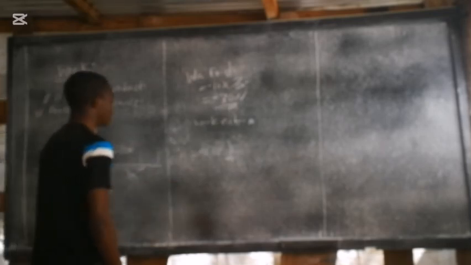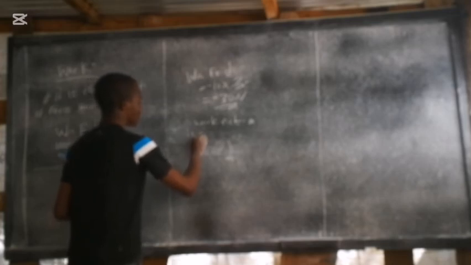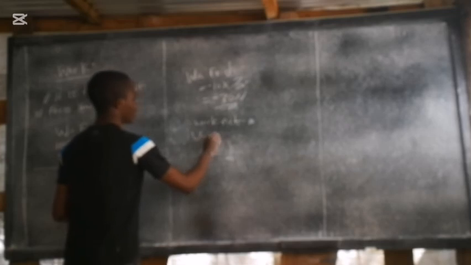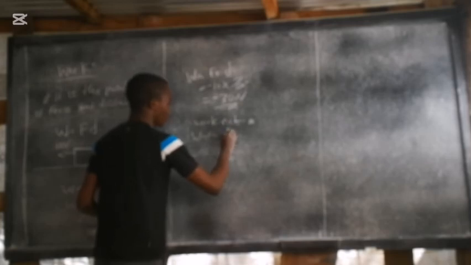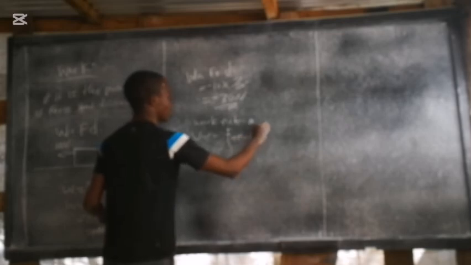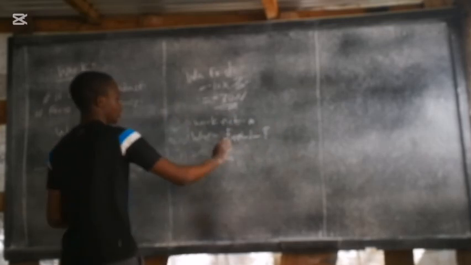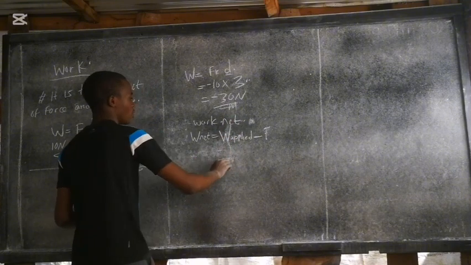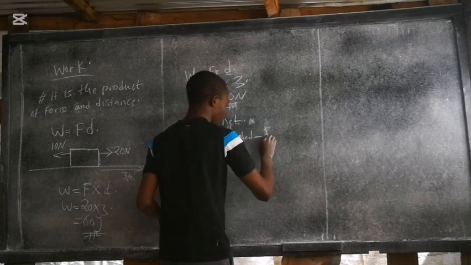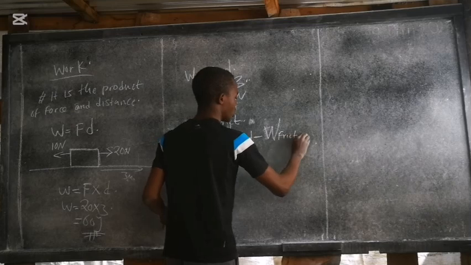So net work is equal to the work applied minus the work done by friction.